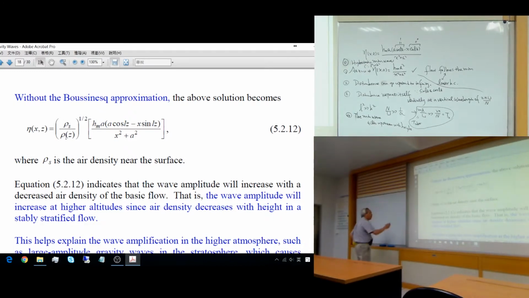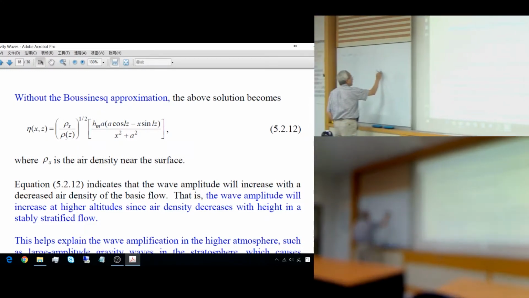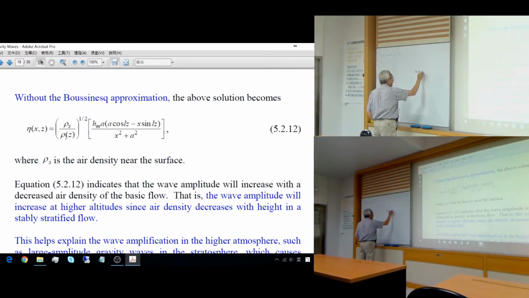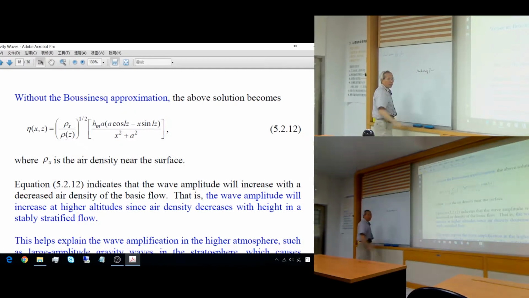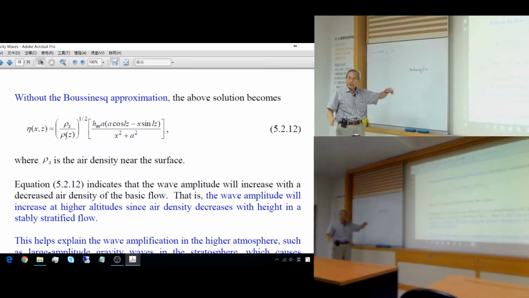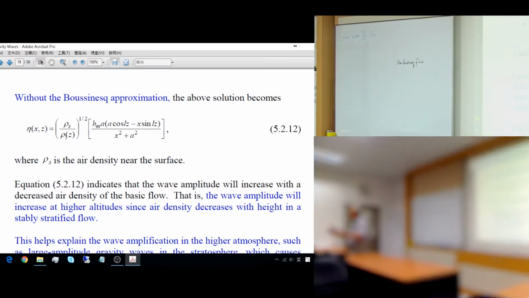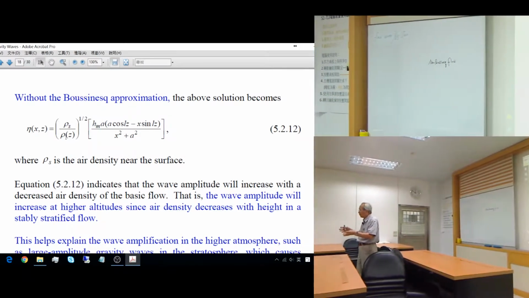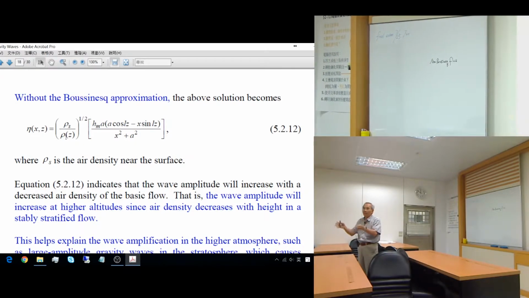For a non-Boussinesq fluid, that's more realistic, like the atmosphere. Boussinesq is just a very simple way to make the mathematics more manageable while keeping the essential physical properties.